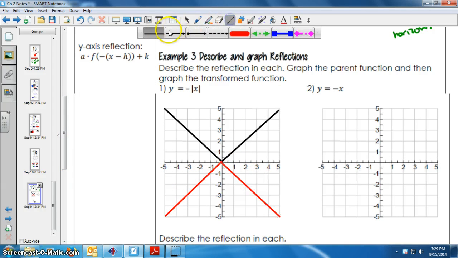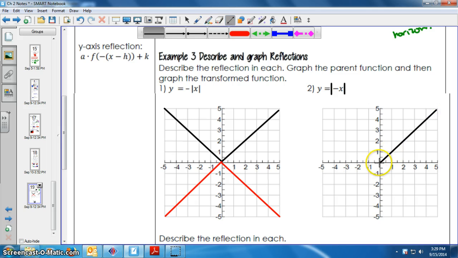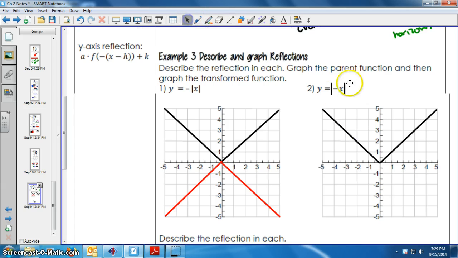Let's go ahead and do this next one, although I am going to change it into absolute value and put it on the inside. So if we are going to take and have our parent function, graph that original parent function starting at 0, 0. All right, and we're going to reflect it this time, and since it's on the inside, horizontally.